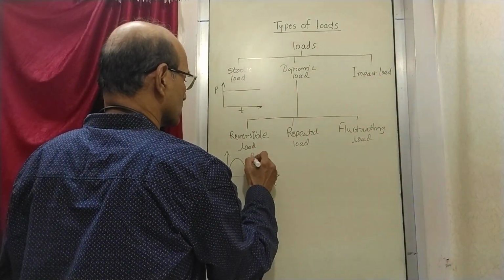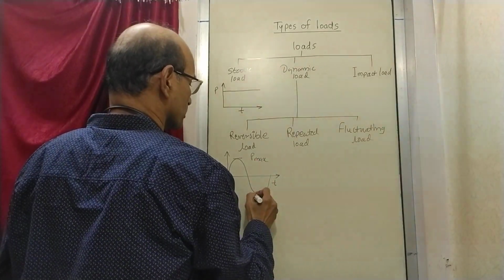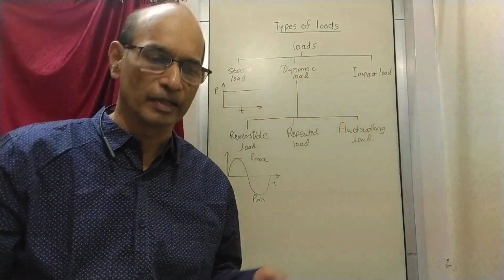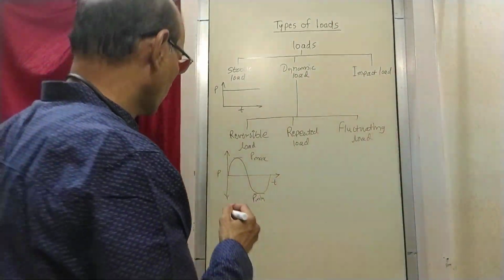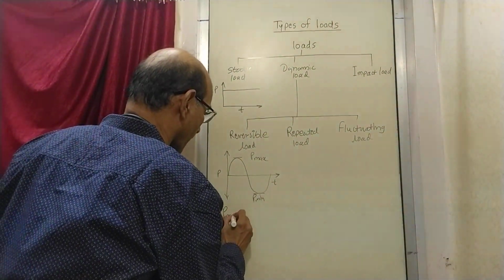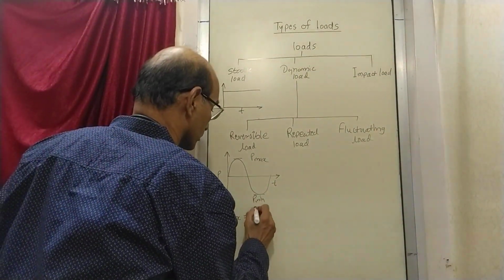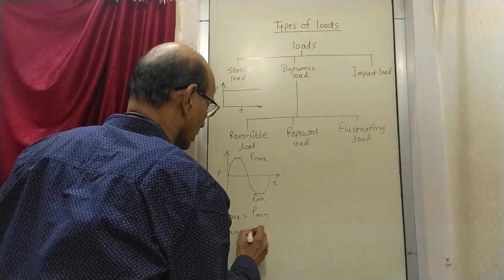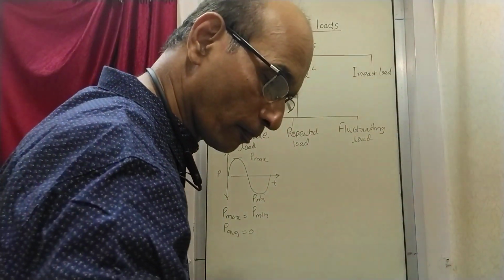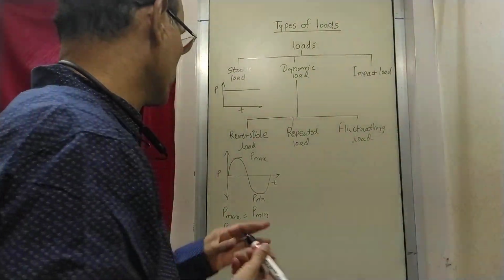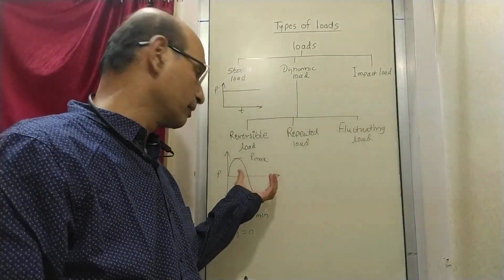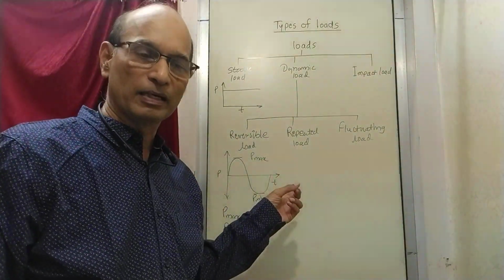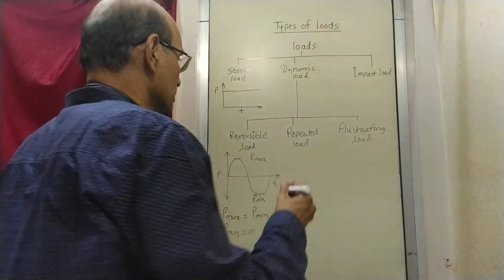That means this is P max, this is P minimum, and P max and P minimum are almost the same. And P average is 0. So this graphical representation immediately makes things clear as to what it means. If the pattern is like this, then that is called a reversible load.